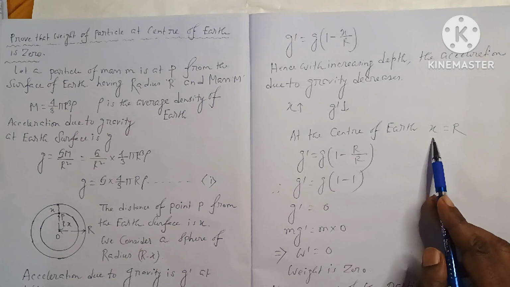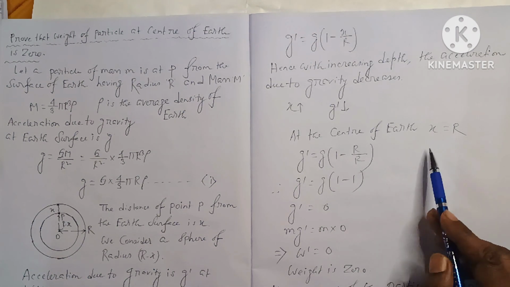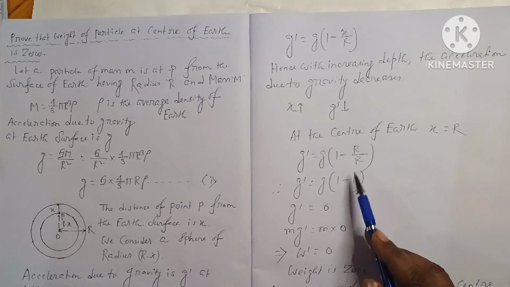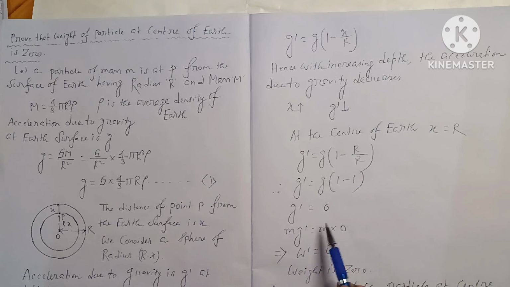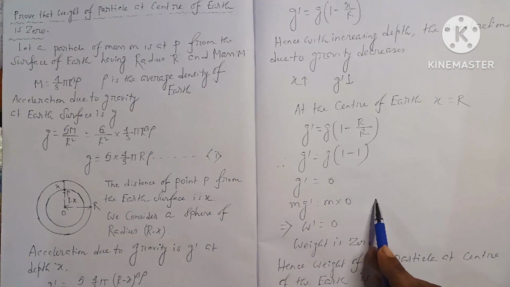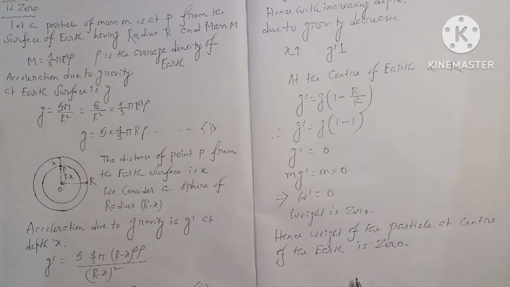At the center, x equals r. If this condition is put in this equation, r by r is 1, 1 minus 1 is 0, so g dash equals 0. Multiplying by m on both sides, we get m g dash equals 0. Since m g dash is weight, W dash equals 0. So the weight of the particle at the center of the Earth is 0.